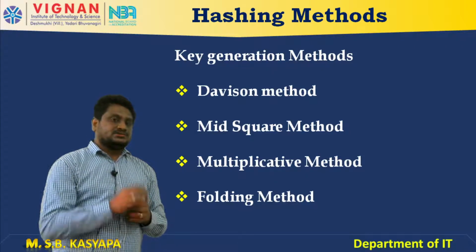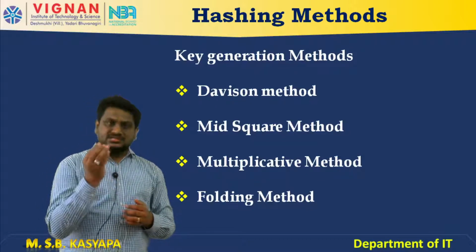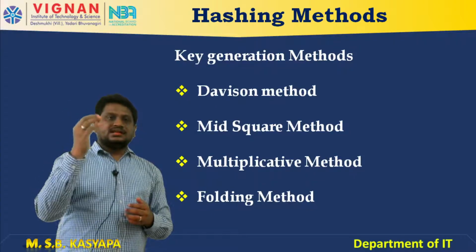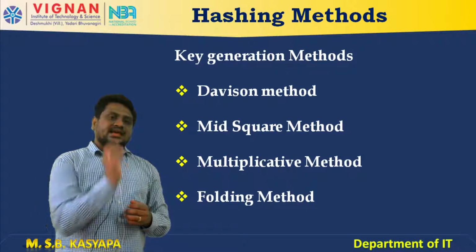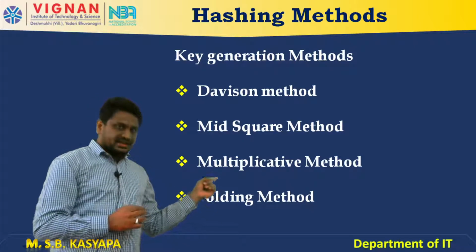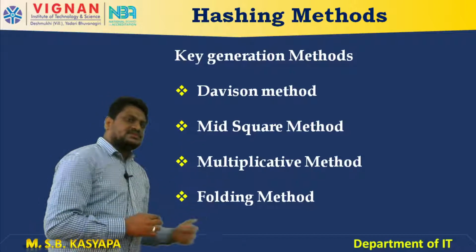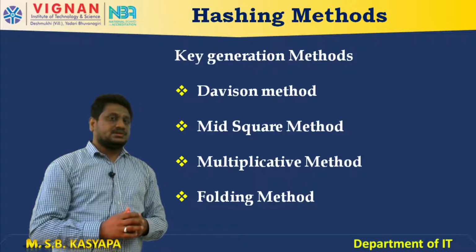Am I right? So in mid square method, whatever data or key value I am going to insert will be squared, and from that result I will take a middle part as the key. The multiplicative method is a very difficult method compared to these others. In the multiplicative method, I will use 5 steps.